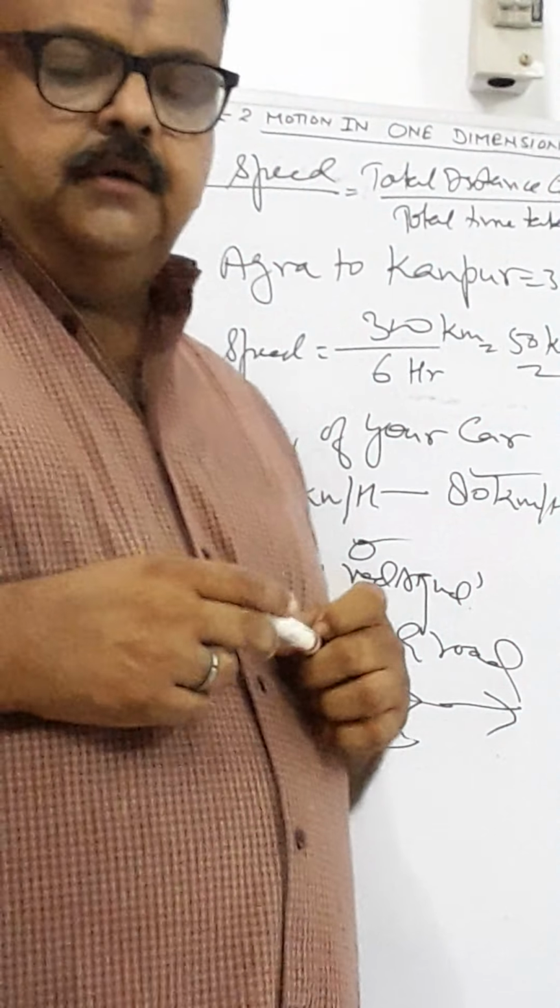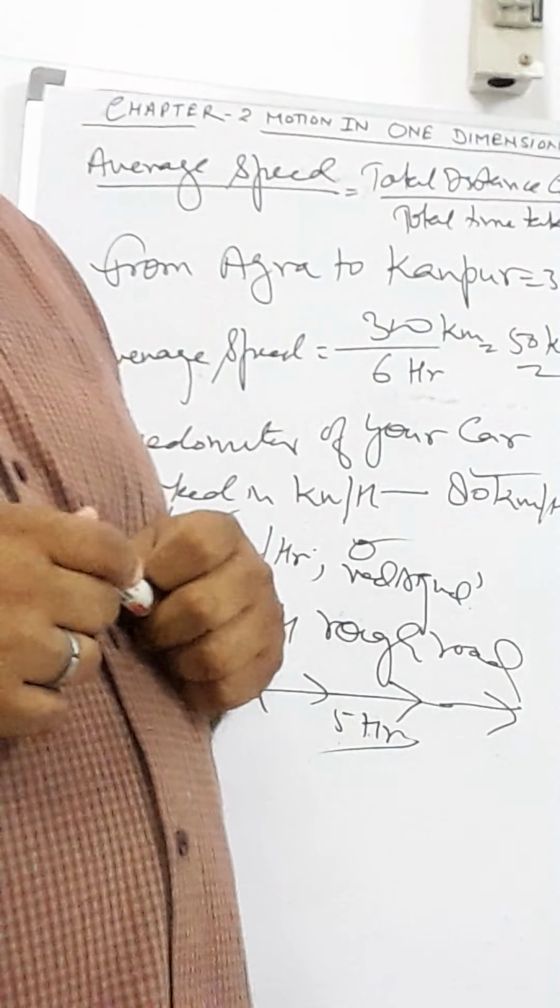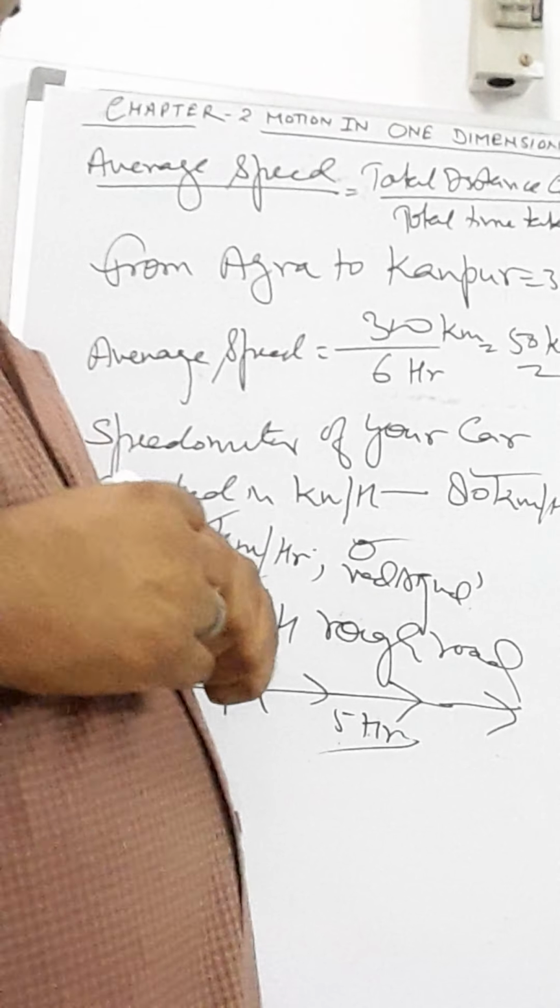Velocity. Velocity is the distance travelled per second by a body in a specified direction.